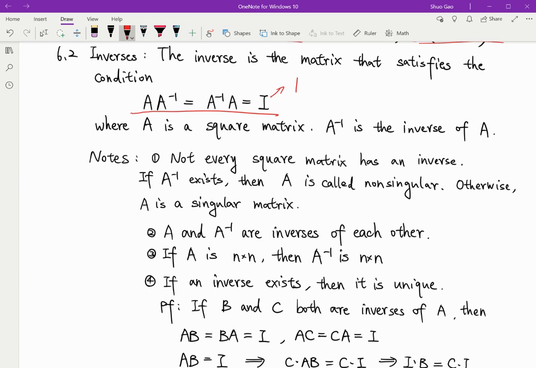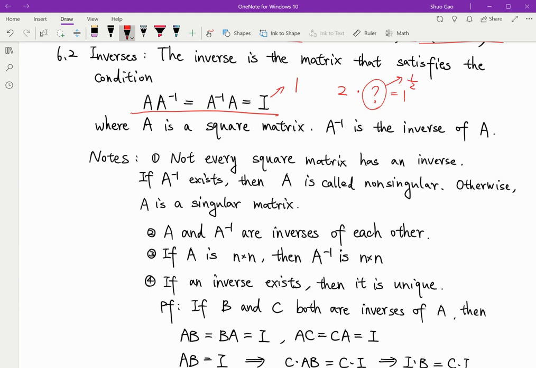So, for example, you want to find the inverse of 2. That means you will need to find a number such that 2 multiplied by this number equals 1, right? This number is called the inverse of 2. So we know that this is 1/2, right?